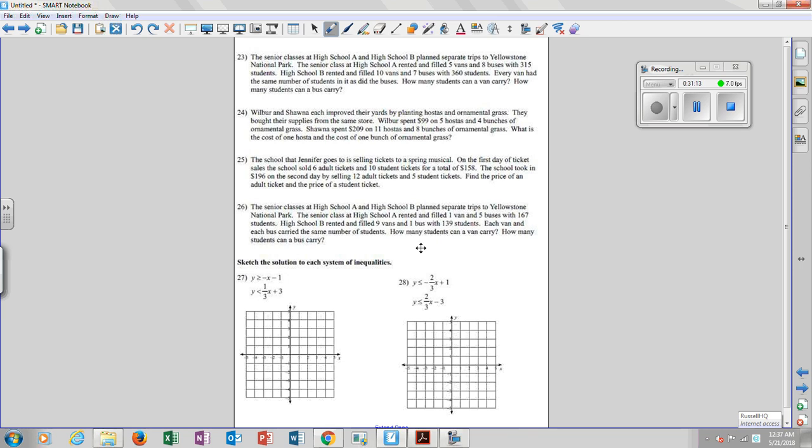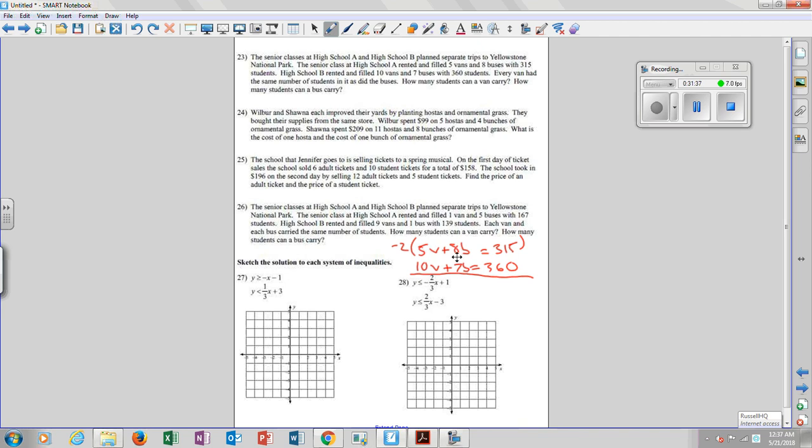This is simple. You just do 5V plus 8B equals 315. And then 10V plus 7B equals 360. I'm going to multiply the top equation by negative 2.